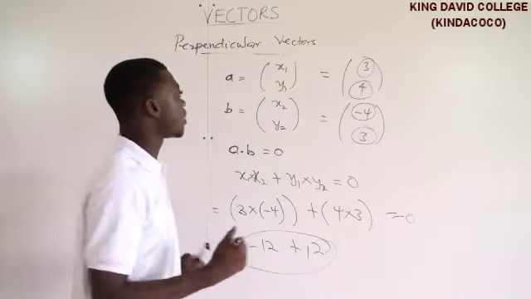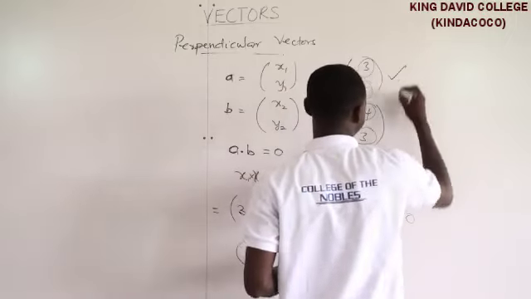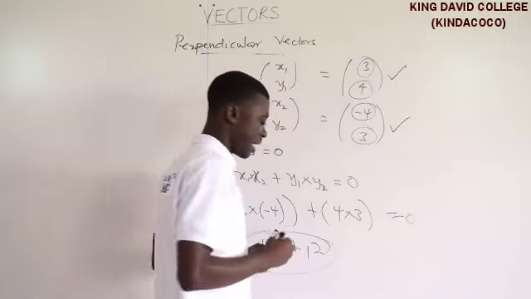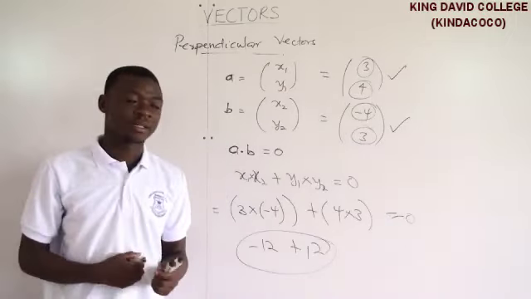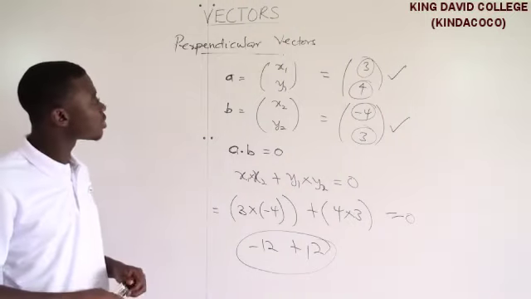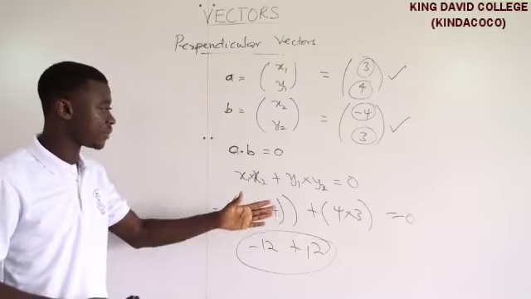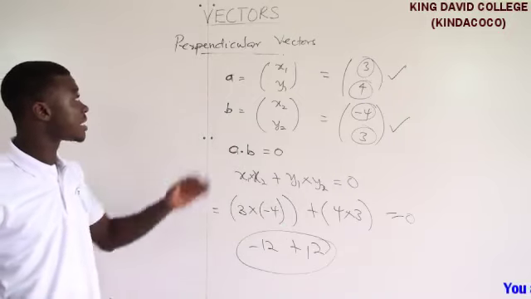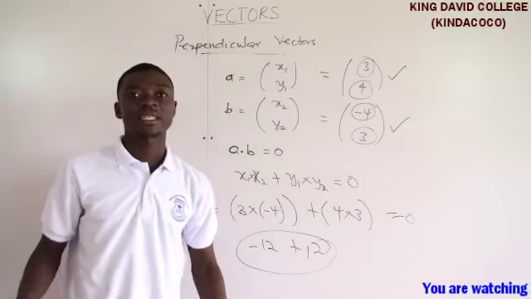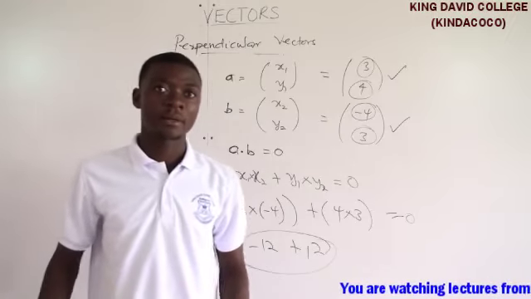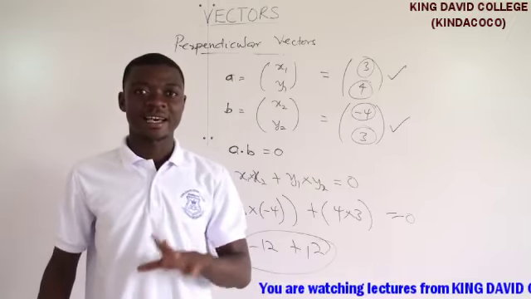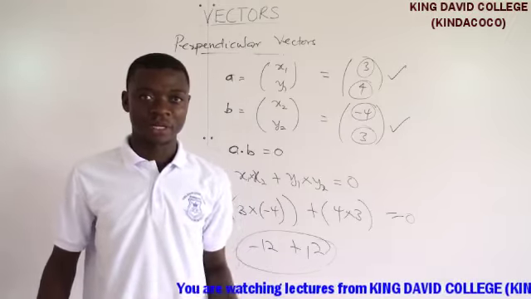Then we're going to say that this and this are perpendicular. So whenever their dot product is equal to 0, then we say that the two vectors are perpendicular. The two vectors are perpendicular.